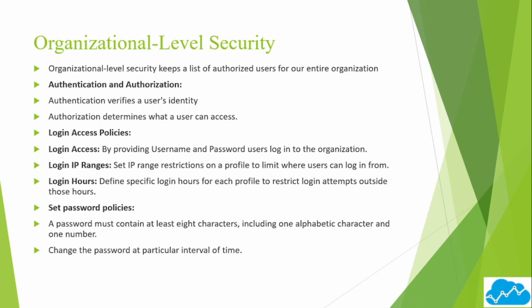Also, he is able to see the data he created, by the OWD settings we saw, providing private access, public read only access, and public read write access. So whatever access you have provided, that is what the user gets, and that is determined by authorization.